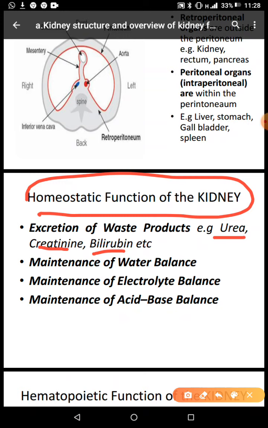We know that urea is a product of amino acid metabolism. Creatinine is the end product of metabolism in the muscles, and bilirubin is a waste product of hemoglobin metabolism, and there are many other waste products such as uric acid.